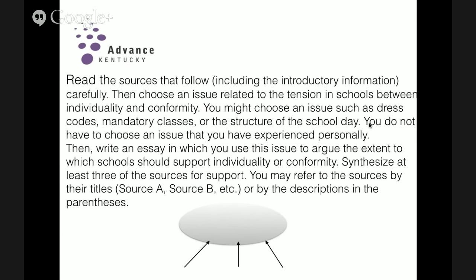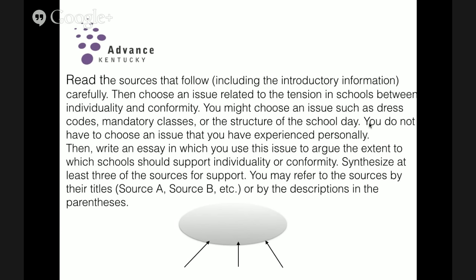Then write an essay in which you use this issue to argue the extent to which schools should support individuality or conformity. Synthesize at least 3 of the sources for support. You may refer to the sources by their titles or by the descriptions in the parentheses. And I want to point something out on this that you usually will see in the synthesis question.